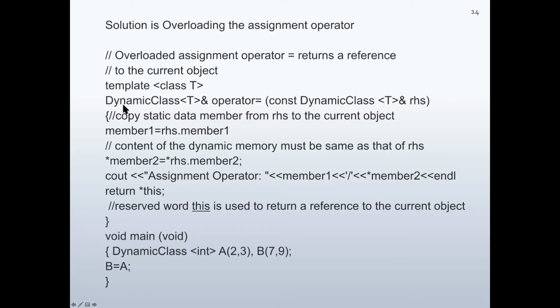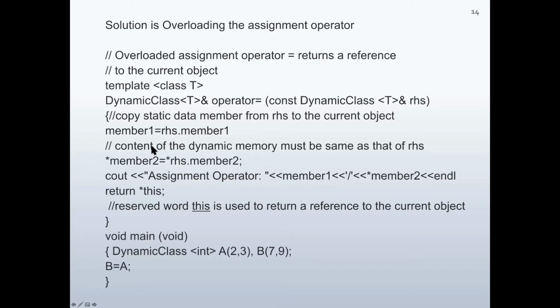In the assignment operator, first we copy a static data member from RHS to the current object. So member 1 of the current object is assigned the value of member 1 of the object called RHS. It is the one sentence parameter.